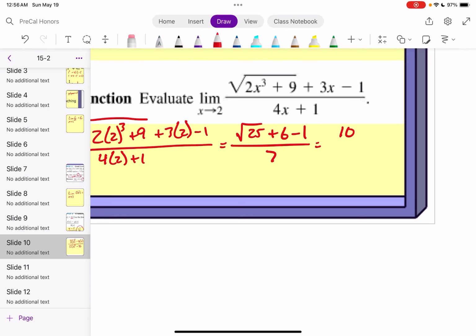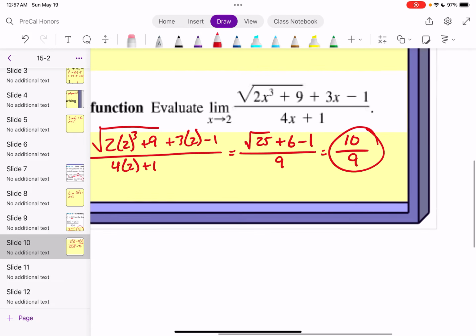So that would be 10 over, correction, not 7. That would give us 9. 4 times 2 is 8 plus 1, not minus 1. Plus 1 is 9, which would leave us with 10 over 9 as our final answer in this problem.